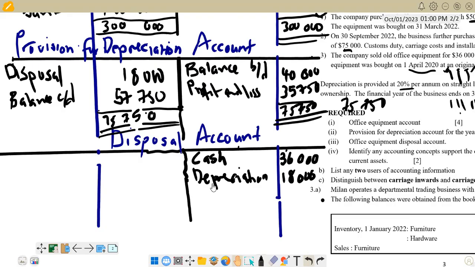So on disposal, we have got cash 36 on the credit and depreciation 18 on the credit, and also we are supposed to put on the debit the cost price of the non-current asset that was sold. Let's recheck the amount of that non-current asset that was sold.